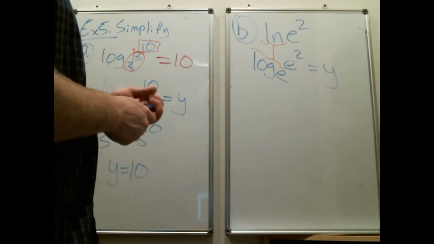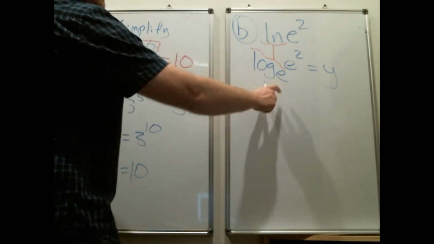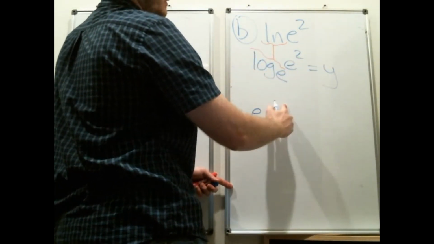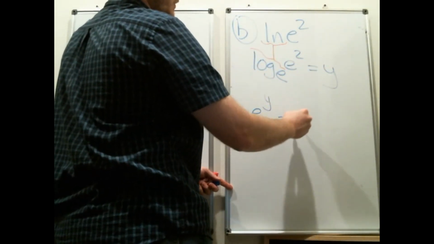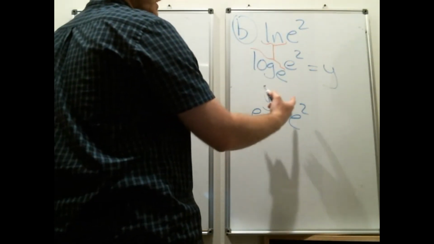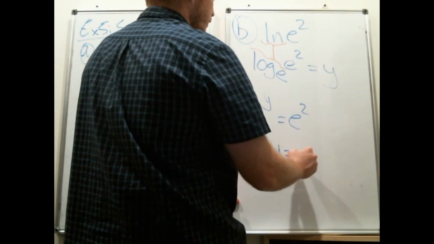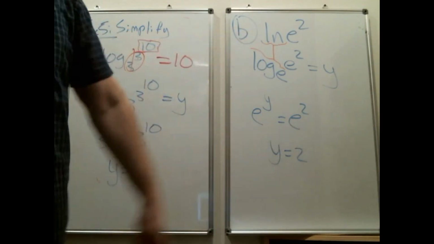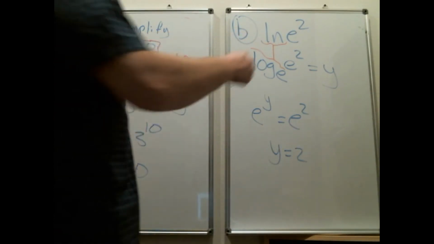Now we're in logarithmic form, so my base is e, my exponent's y, and then what's left over is e squared. So y has to equal 2. So what that's saying is this has to equal 2.